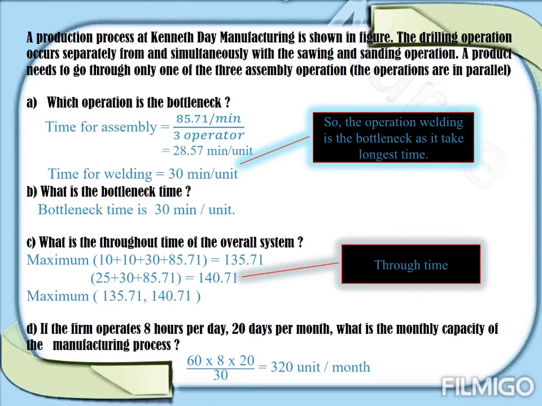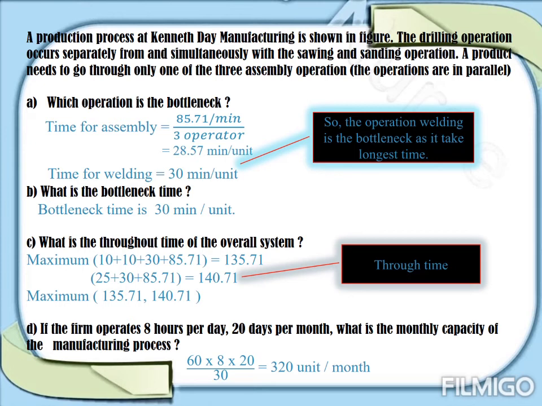That's why we divide the 85.71 minutes by 3, because of 3 operators. Now we compare the time consumption of all the operations, and the most time consumption falls to the welding operation, which is 30 minutes per unit.